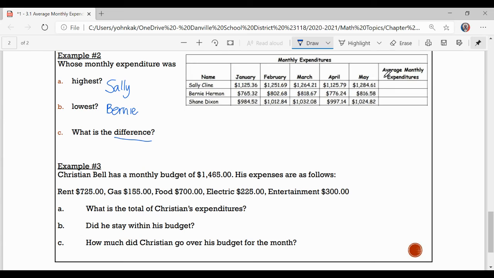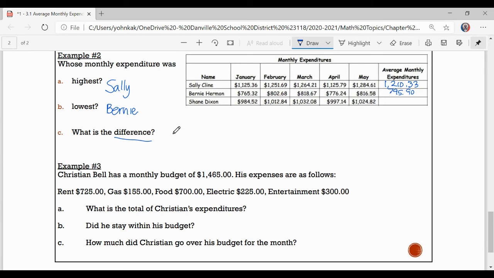So Sally's average is $1,210.33. And Bernie's average is $795.90.